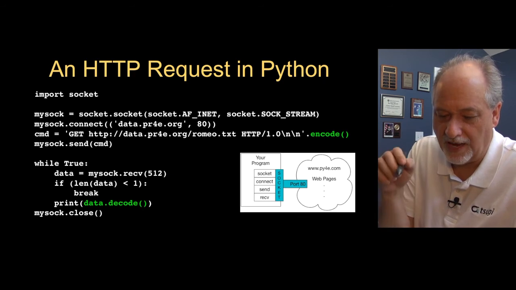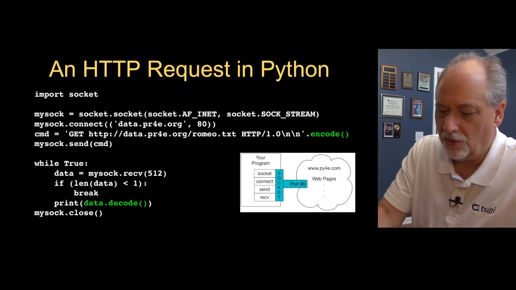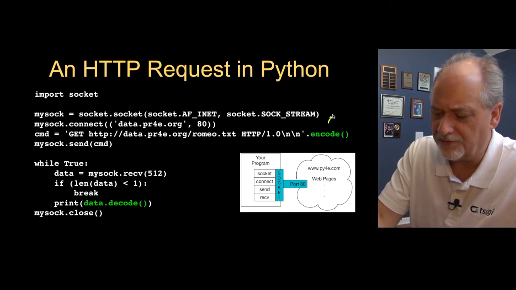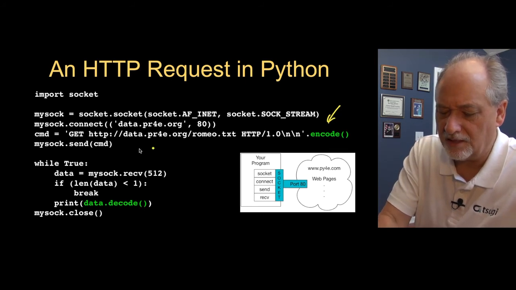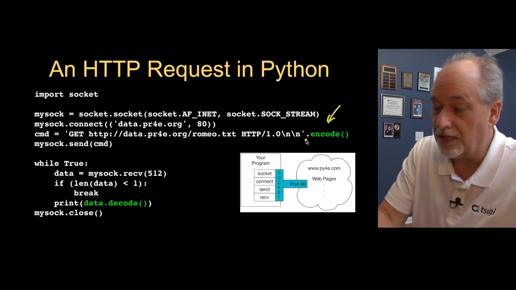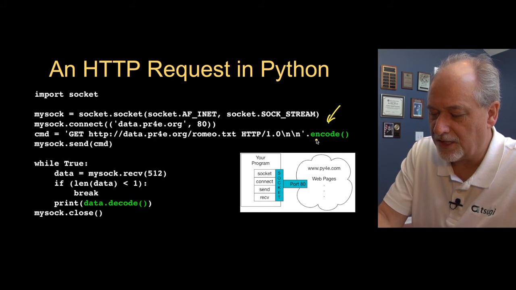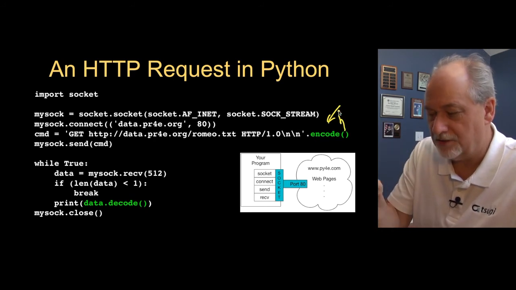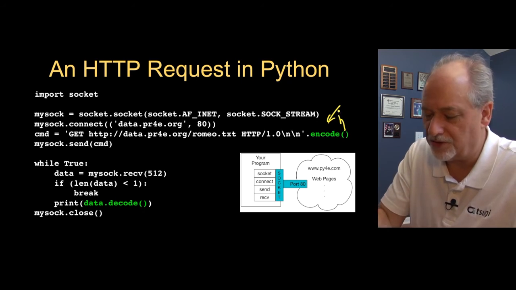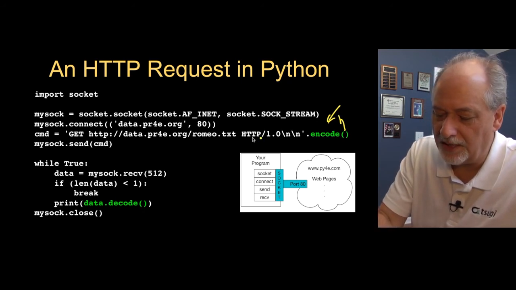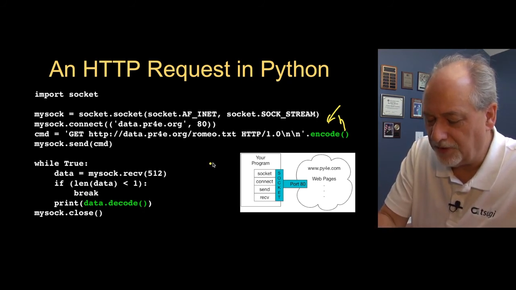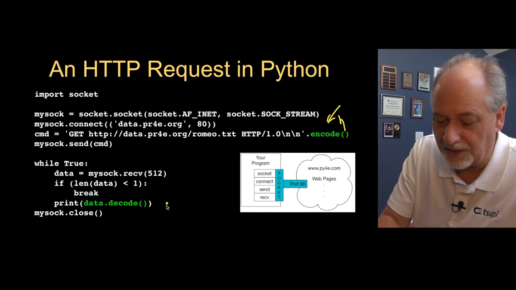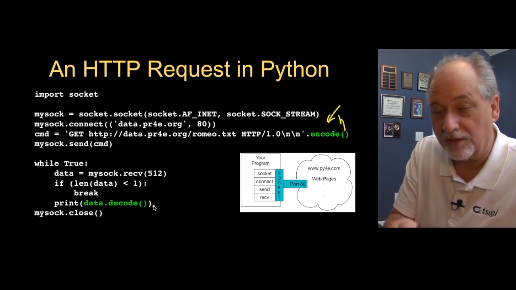We have to manage this in this code where, before we send this stuff, we're going to encode it, which takes a Unicode string and turns it into UTF-8 bytes. There's actually a parameter here so you could do something different than UTF-8, but no one ever does. You might have to for certain situations, but this says that we're going to encode this into UTF-8 before we send it, and then when we get something back, before we print it, we're going to decode it.